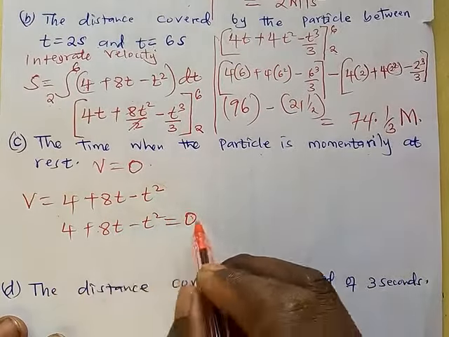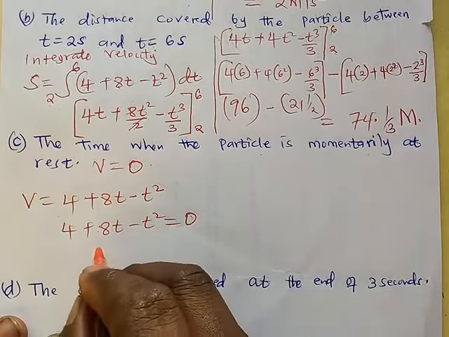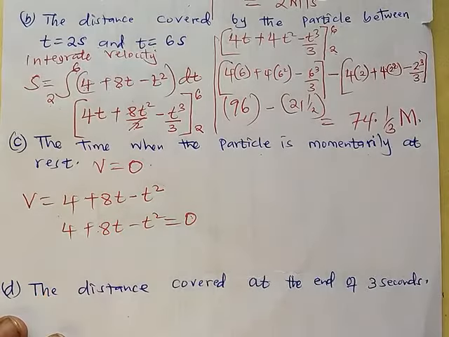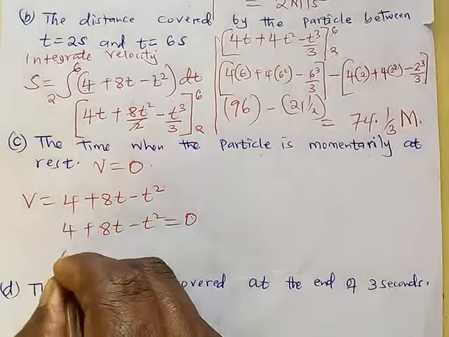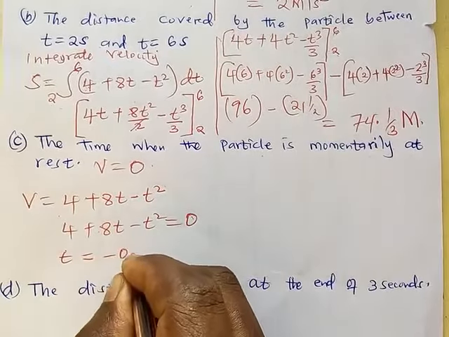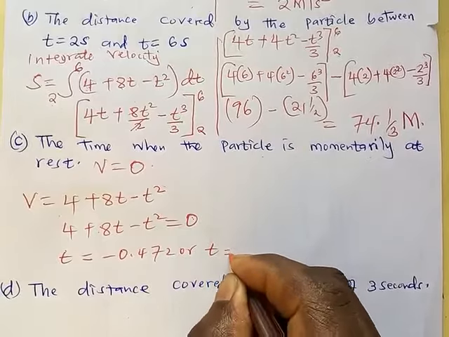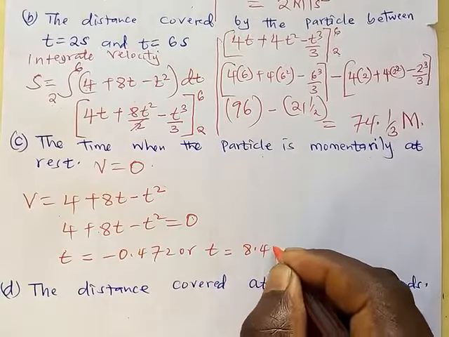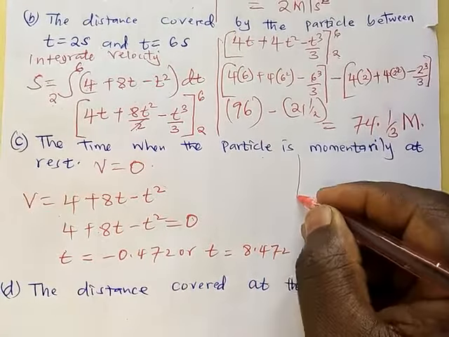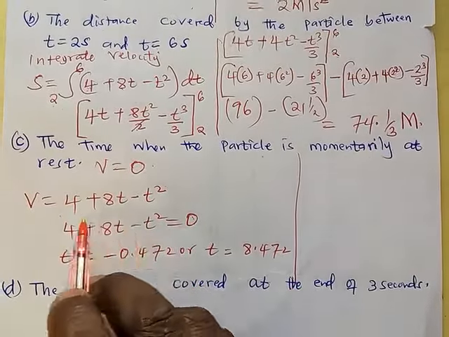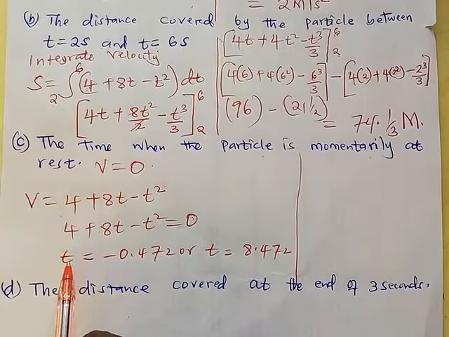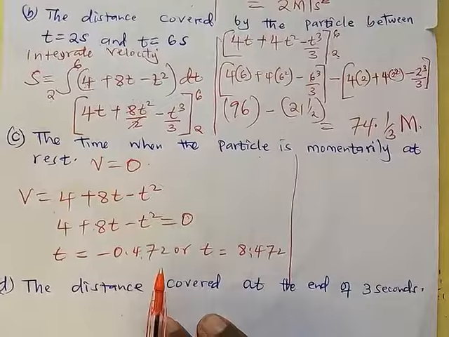So I will have t equal to negative 0.472 or t equal to 8.472. That is the time when you find this value. You will find the value of t to be this or this.